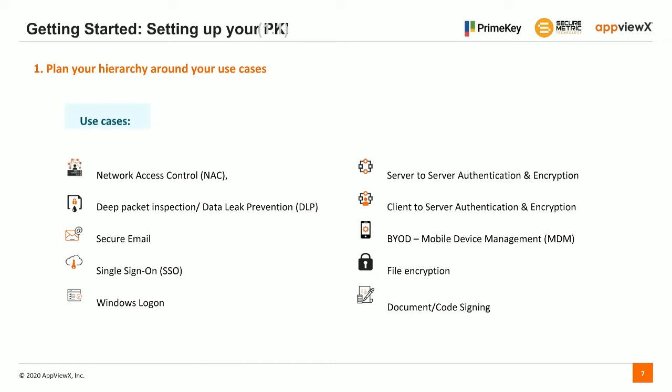So there are organizations that implement smart cards or USB tokens with X509 certificates as a means to log into their laptops or computers. So they would eliminate username and password completely, and it's quite a secure way of actually protecting your digital resources.